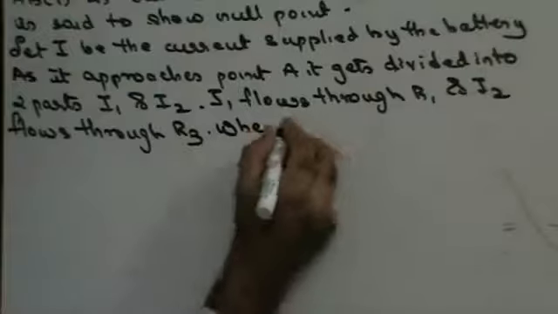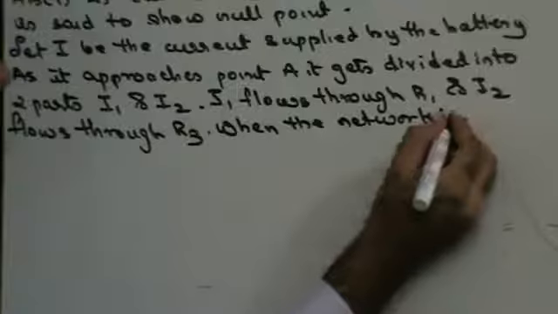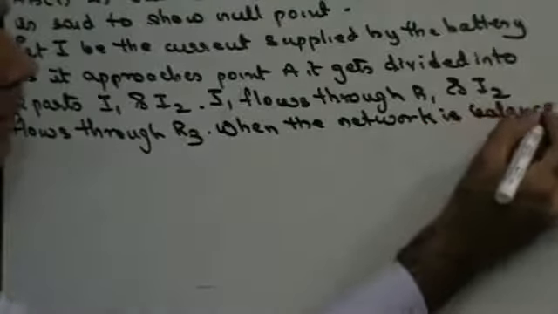Now, in this case, I can therefore say that when the network is balanced, there is no current flowing between B and D, right?